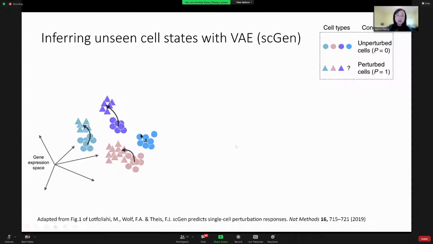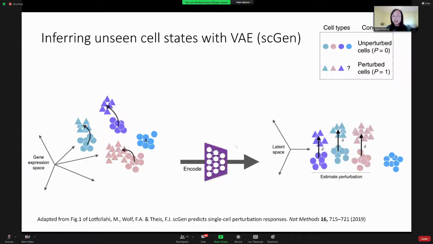If you were to just visualize these cell types in high dimensional space, you'd be able to see how these different cell types change. But it's hard to take these vectors, do an average or whatever, and put them on the blue cell type. That's not going to work very well. So what they did was encode these cell types into a latent space using a variational autoencoder.